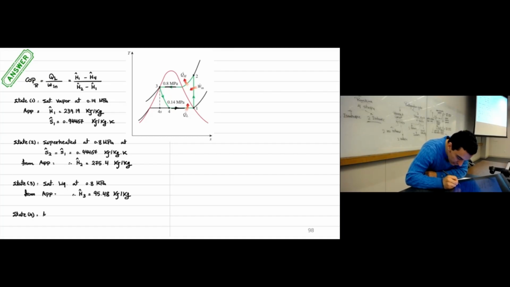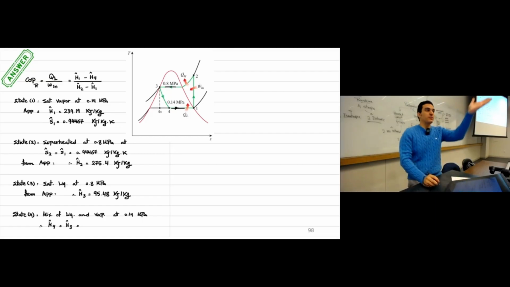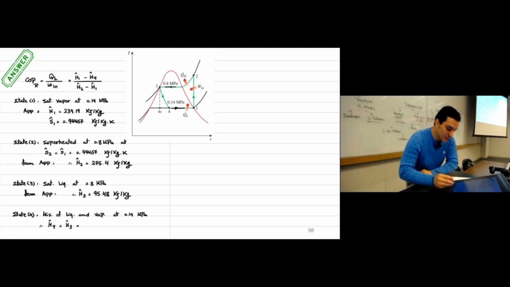Then at state 4, state 4 is mixture of liquid and vapor at 0.14 megapascal. But we know that enthalpy at point number 4 is equivalent to enthalpy at point number 3 because this path is throttling at constant enthalpy.